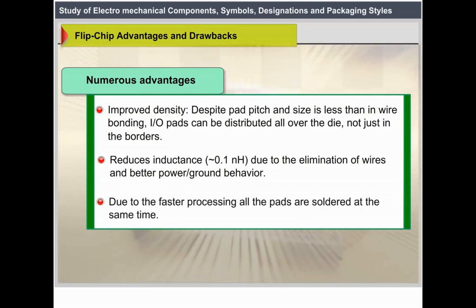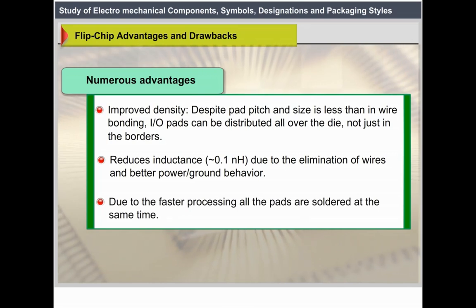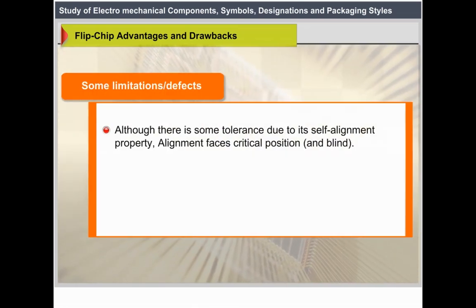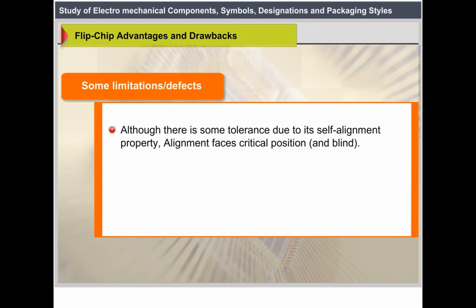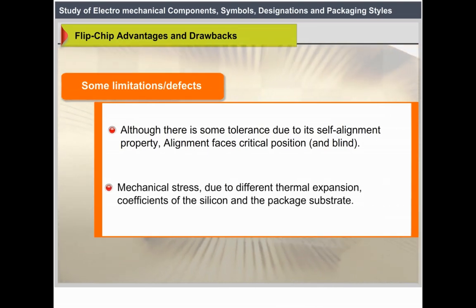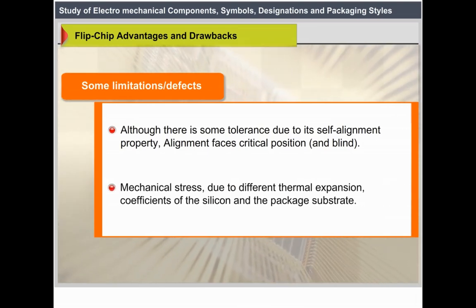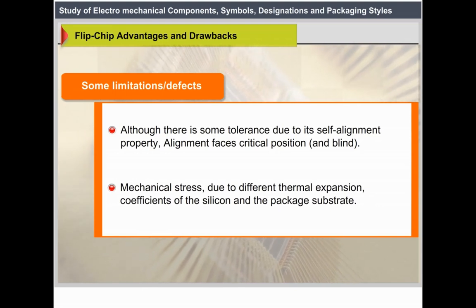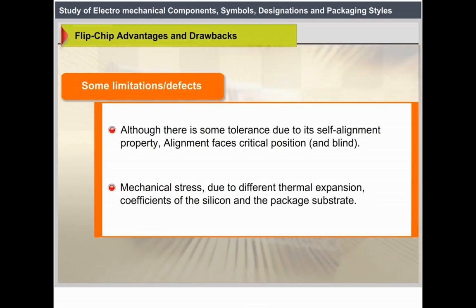Faster process, all the pads are soldered at the same time. Some drawbacks. Alignment is critical and blind, although there is some tolerance due to its self-alignment property. Mechanical stress due to different thermal expansion coefficients of the silicon and the package substrate.